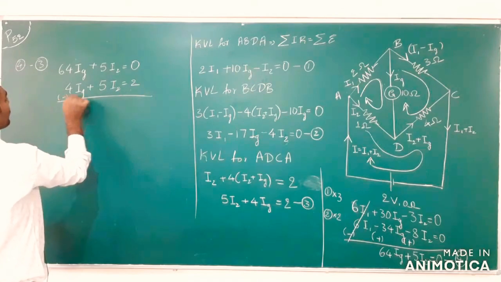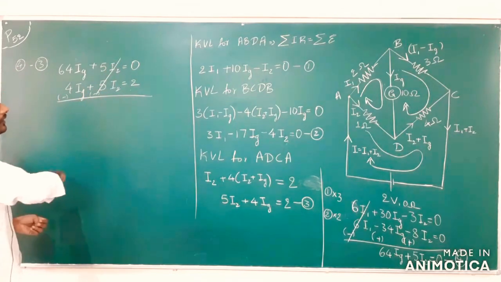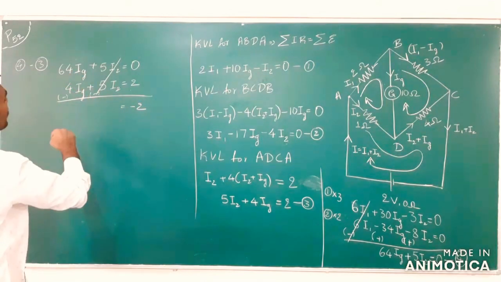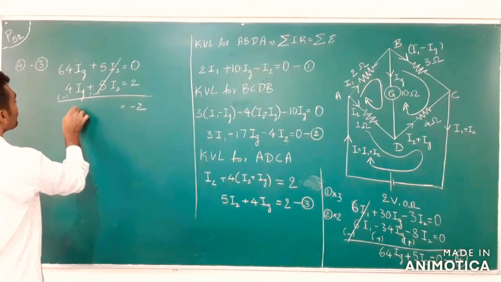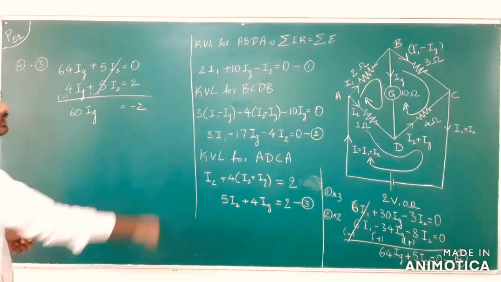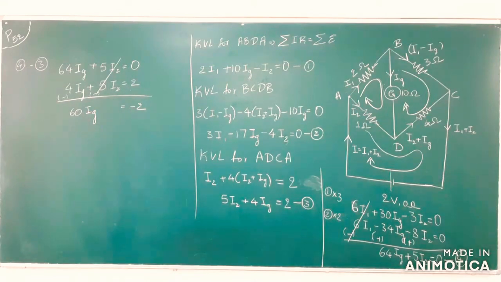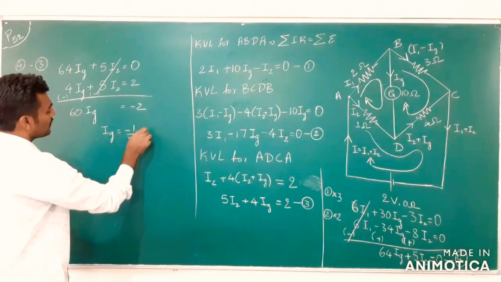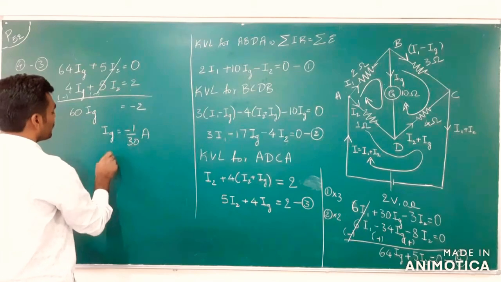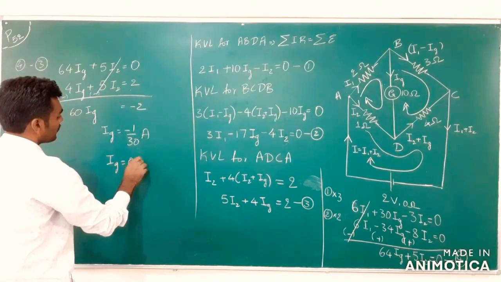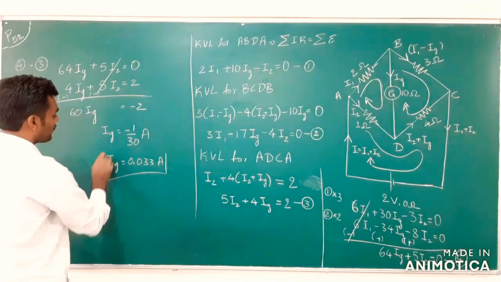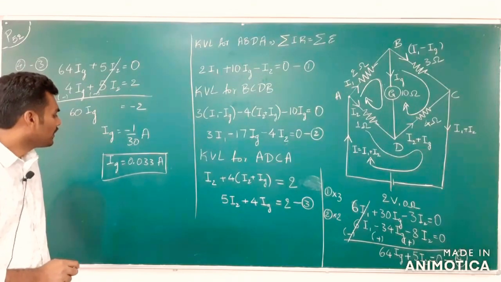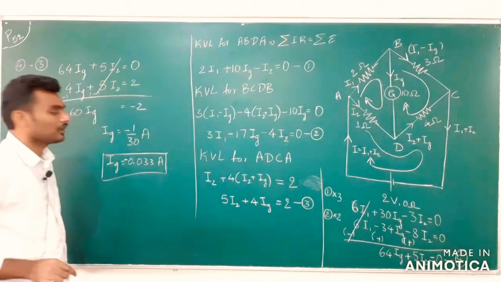Now subtracting them, I get 5I2 gets cancelled, is equal to minus 2. 64 minus 4 is 60Ig, and hence you have the value of Ig is equal to minus 1 by 30 ampere. Okay, simplify this, you will get Ig is equal to 0.033 ampere. Now this is the current flowing through the galvanometer. Yeah, don't forget to put the negative sign, it's very important.